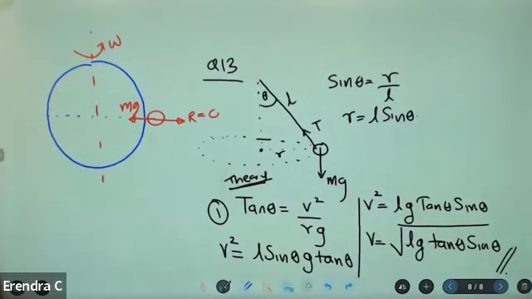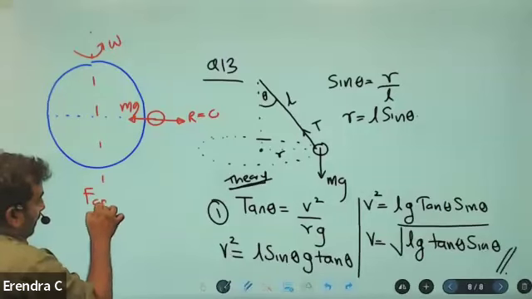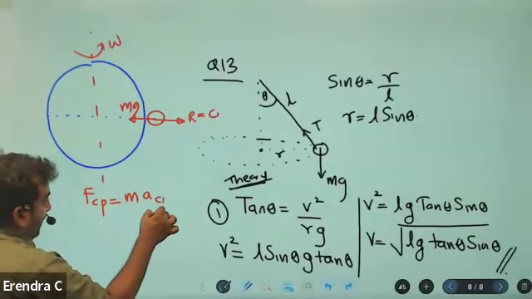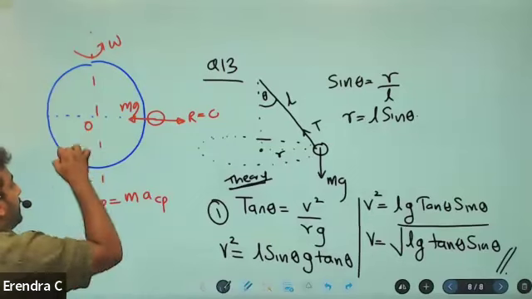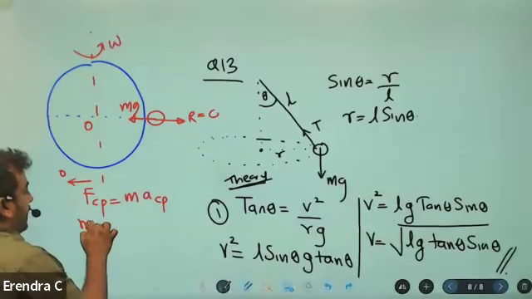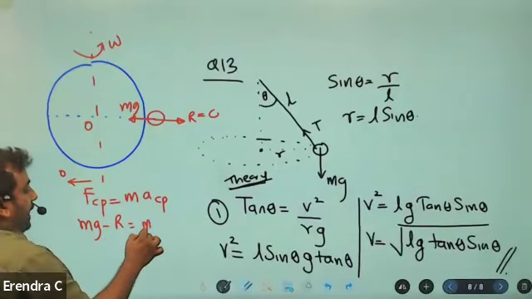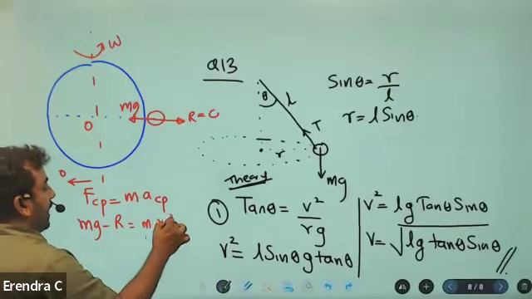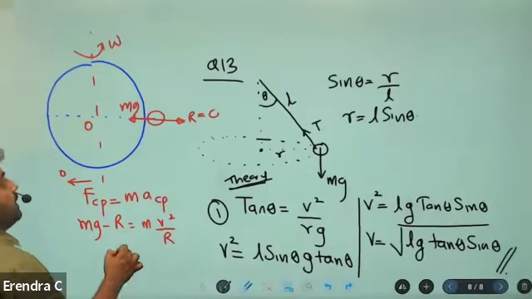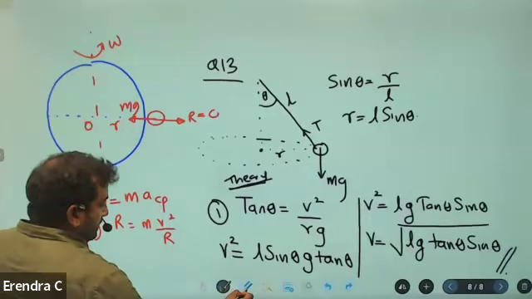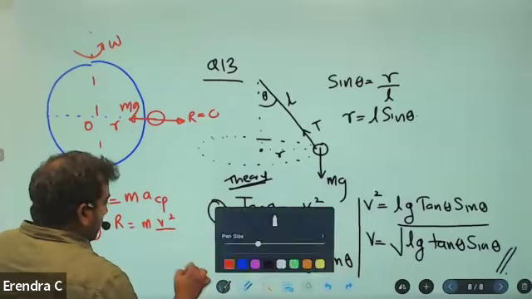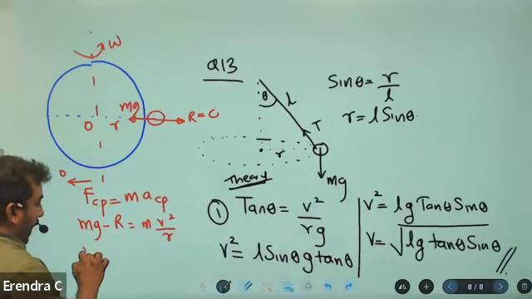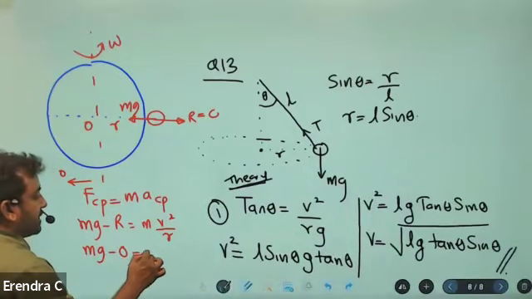So if you apply centripetal force equals mass into centripetal acceleration towards the center, mg minus normal reaction equals m, they want velocity, no? V squared divided by radius. Radius I'll put simple R, otherwise confused. Now apparent weight is 0 means normal reaction is 0.